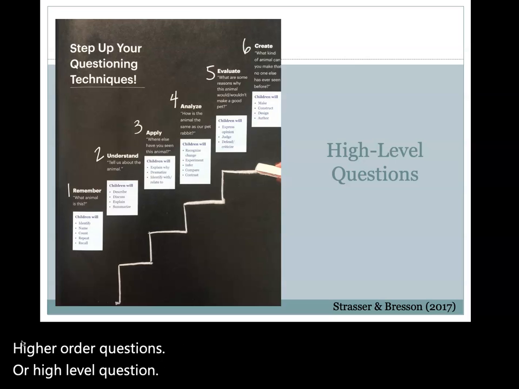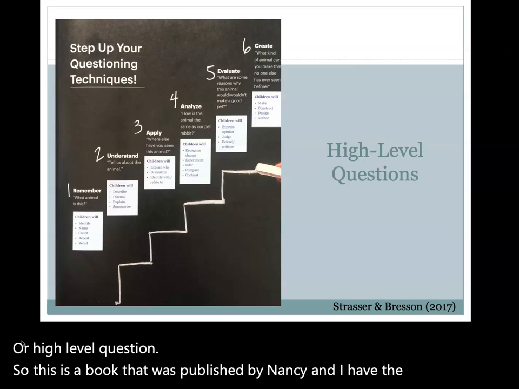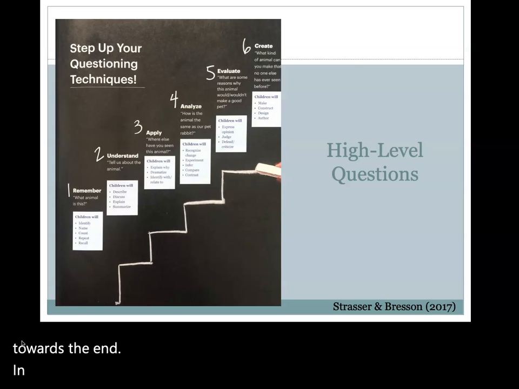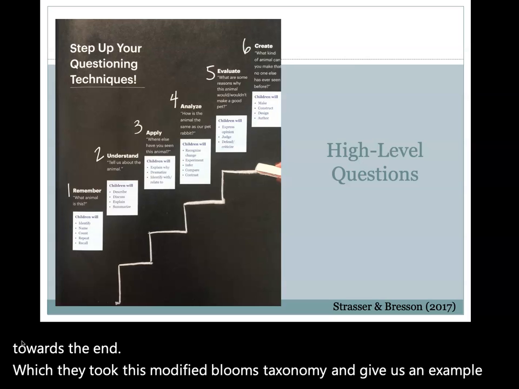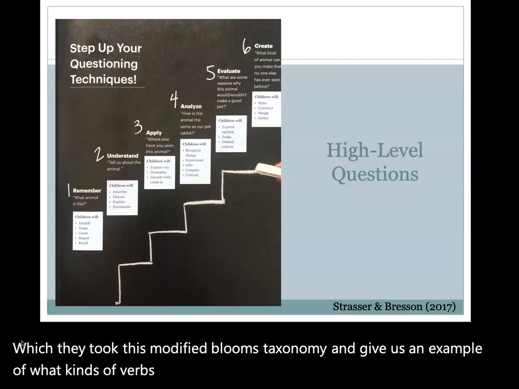So this is a book that was published by NACCE, and I'll have the references towards the end, in which they took this modified Bloom's taxonomy and give us an example of what kinds of verbs we would use in a learning objective.